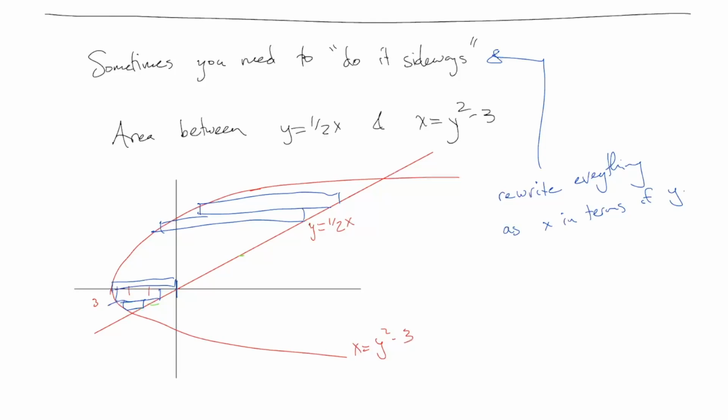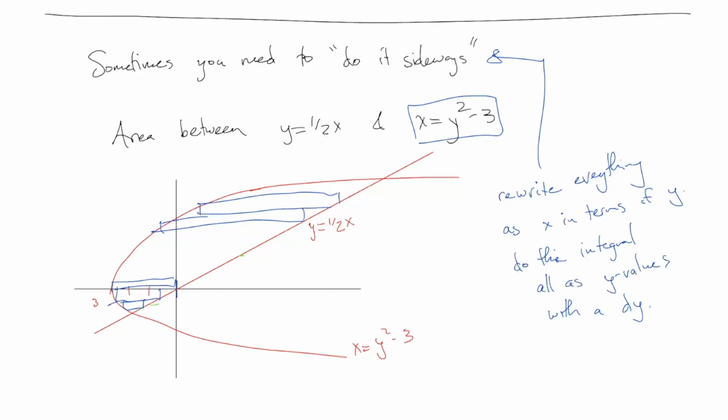And of the two functions I gave you, one of them is already like that. So this one right here, I'm just going to leave as is. I feel good about that already. Let me add to my suggestion here: do the integral all as y values with a dy. You'll see what I mean.